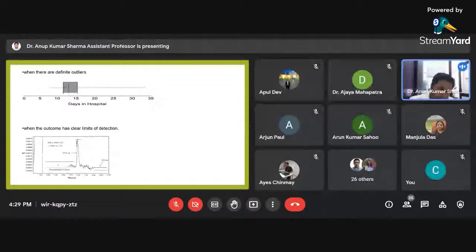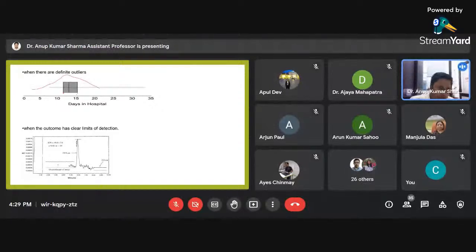Here the tail is coming; this is negatively skewed, meaning a left tail is there. On this side there is a tail and on this side not. In normal we compare with this one.